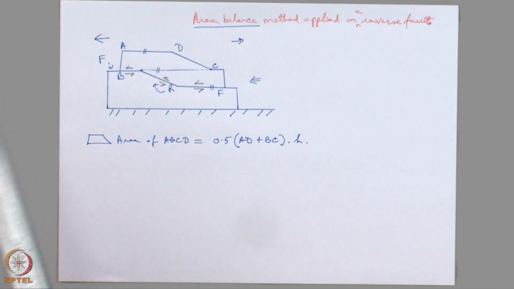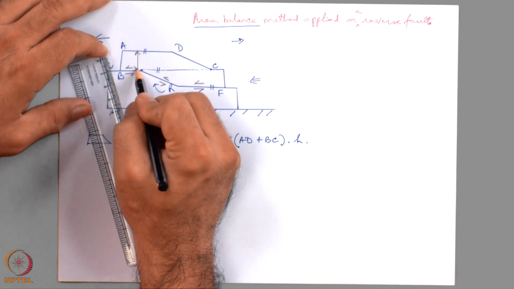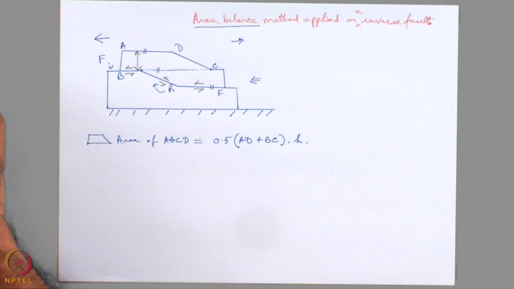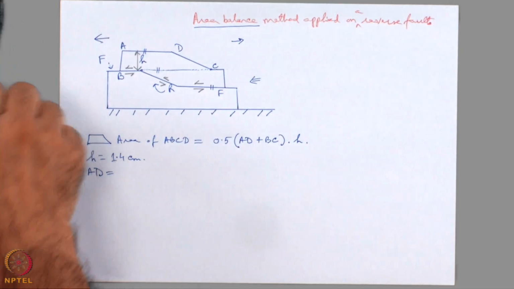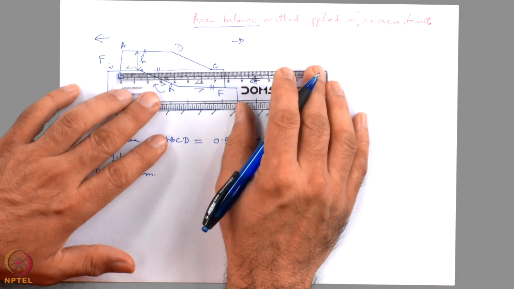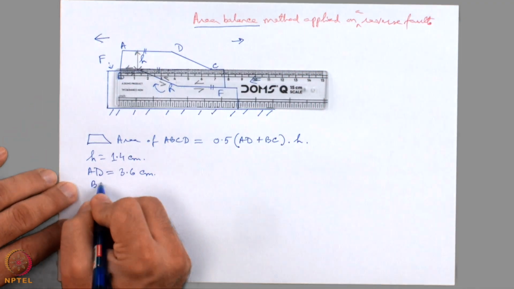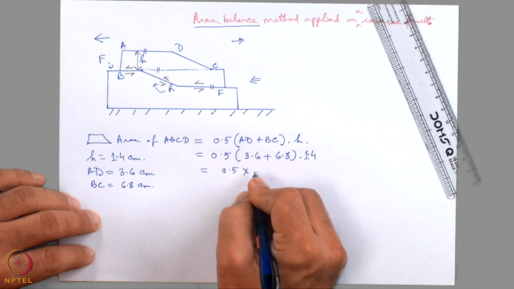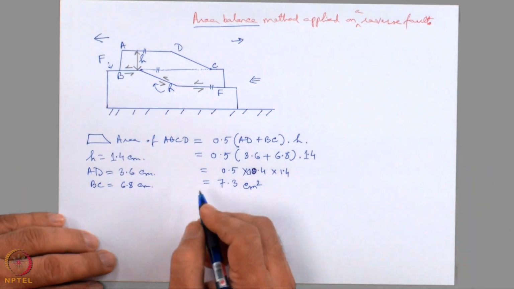Small h is, in this diagram, this vertical distance which is equal to 1.4 centimeter. The AD length is 3.6 centimeter. The BC length is 6.8 centimeter. Therefore, the area of the trapezoid is next.